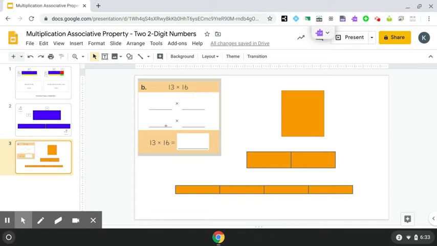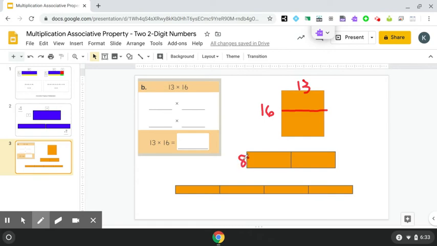But if we use the halving and doubling strategy, we're going to realize that it's much easier to solve that problem. As I mentioned, I like putting the even number here, and then the other number, usually an odd number when we're using this strategy. So if I cut this in half, half of 16 is 8.